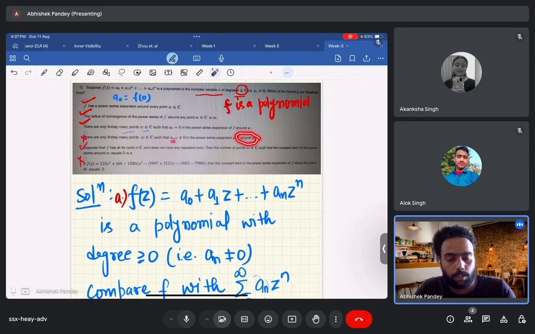So this a_(n+2) is what? What will be this a_(n+2)? Anyone?